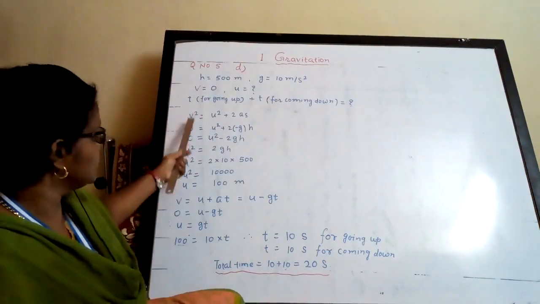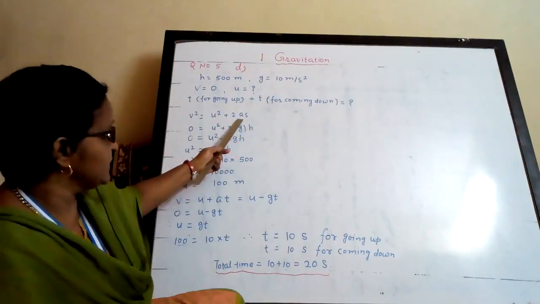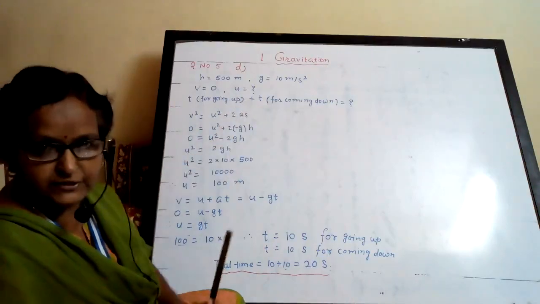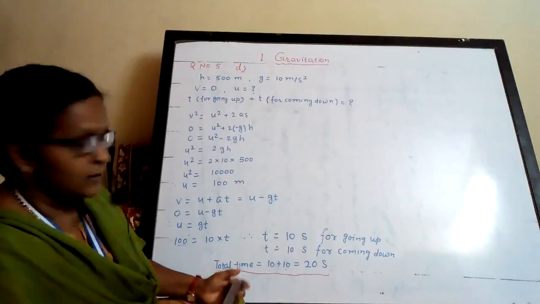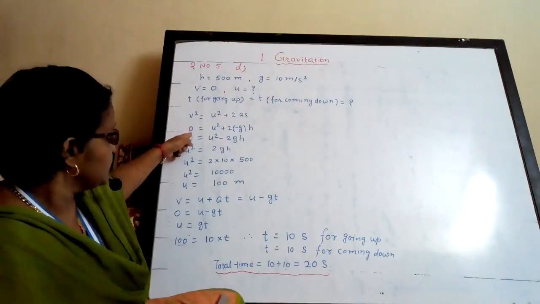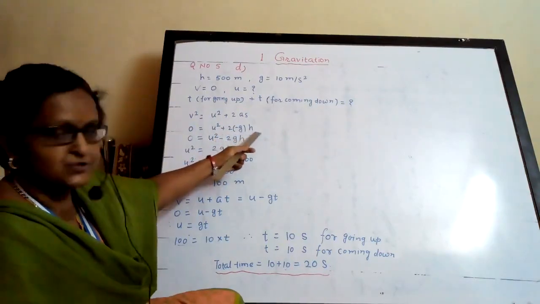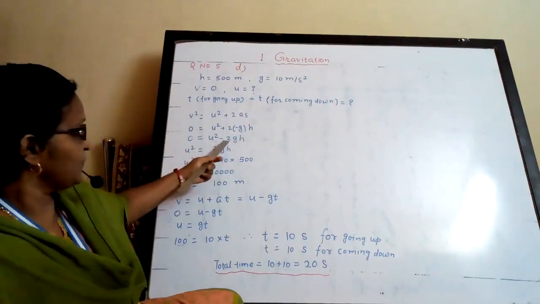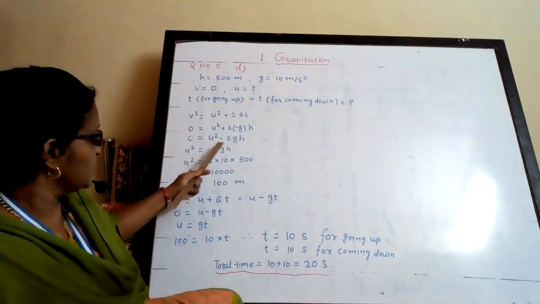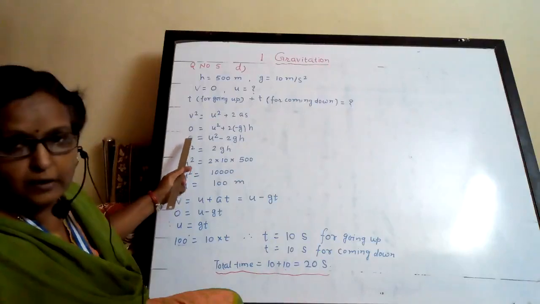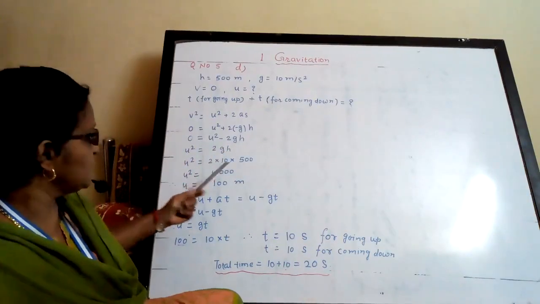So v becomes 0. v square is equal to u square plus 2as. a is here g and s is h. g is negative, we take the negative value. v square, that is 0, is equal to u square plus 2 into minus g h, means it becomes u square minus 2gh. So this will come to this side, so it becomes plus: u square is equal to 2gh.